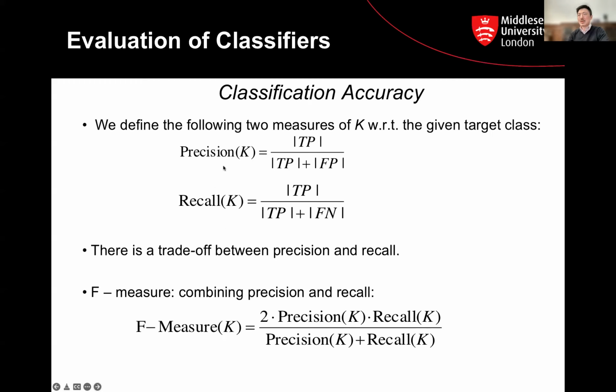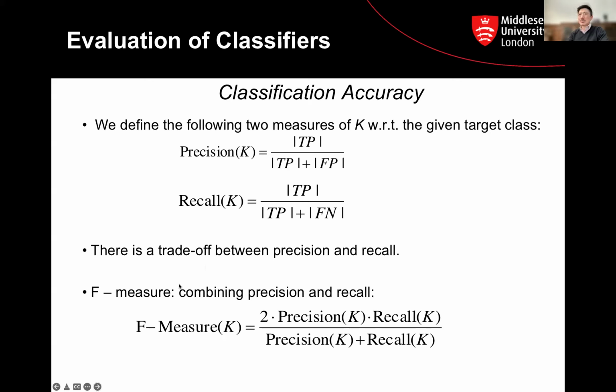These are two competing or opposite goals. If you want to make sure you don't miss any positive ones, as a result you might include something which is actually not. So that's the trade-off.